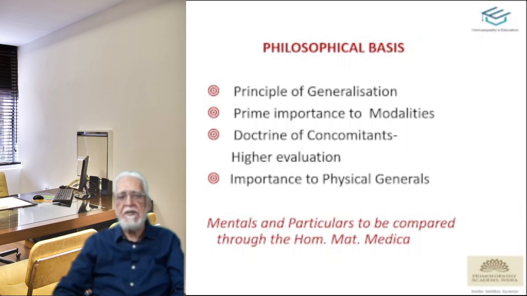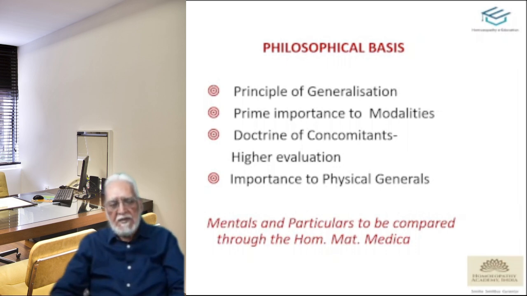Many people have criticized Boenninghausen for not giving mental symptoms in detail, and his explanation was that the mentals and the particulars of the case are to be compared through the homeopathic materia medica and not at the level of repertory, and therefore he has only given general, broad, objective mental symptoms in his repertory.